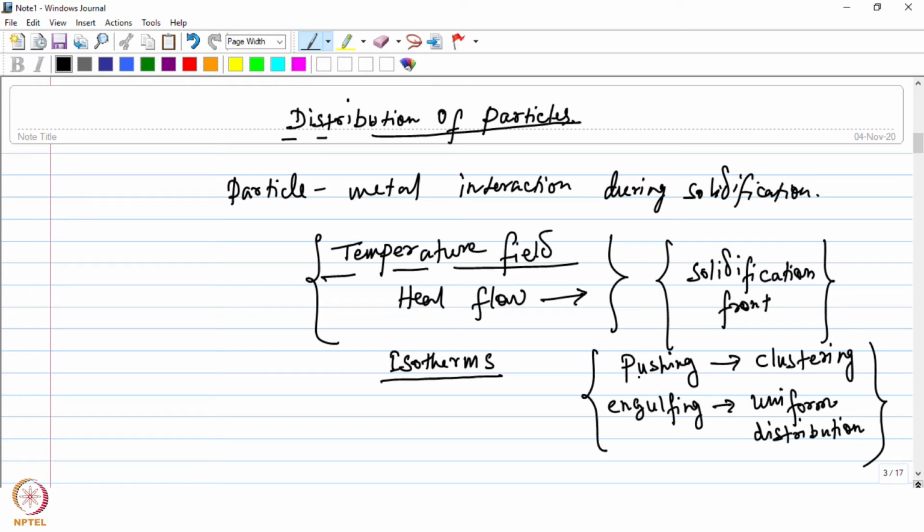And whether pushing or engulfing will happen, for that you need to look at the isotherms or the temperature field, as I said. And one of the material properties which will affect these isotherms is the thermal conductivity.